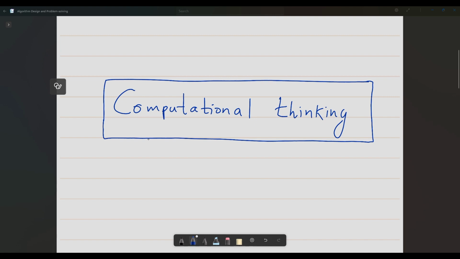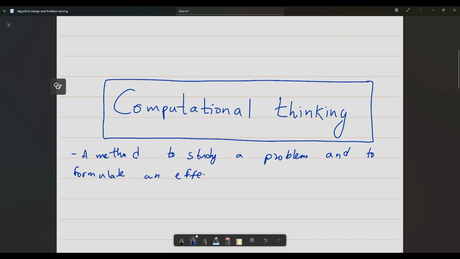In simple terms, it's just a method to solve or to study a problem, and to formulate an effective solution.